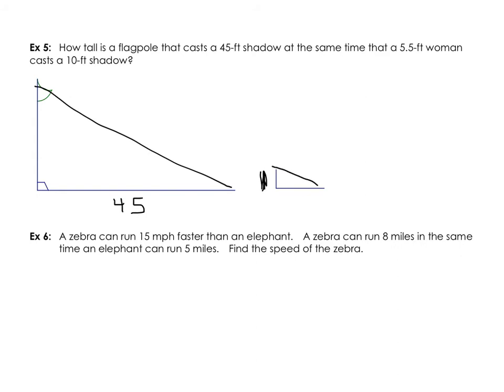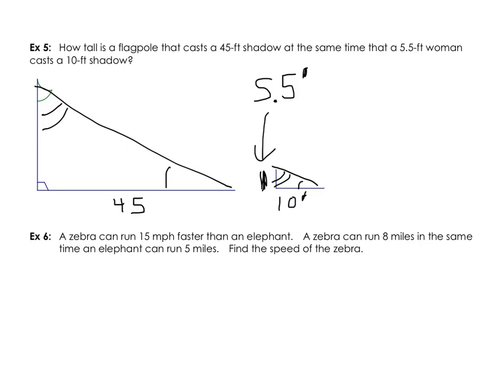And we have another right triangle of the woman, who is 5.5 feet, and her shadow is 10 feet. Because the shadow is being made by the sun both times, these triangles should be similar triangles.